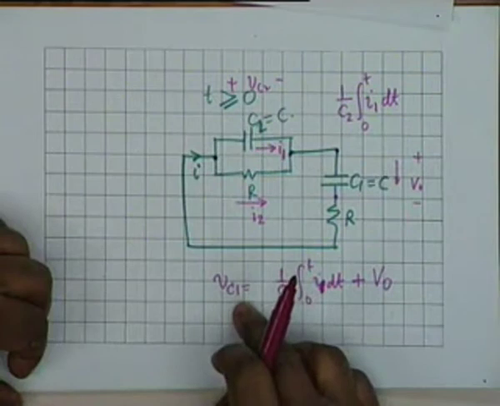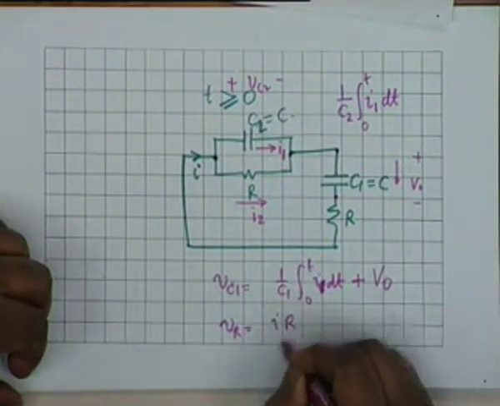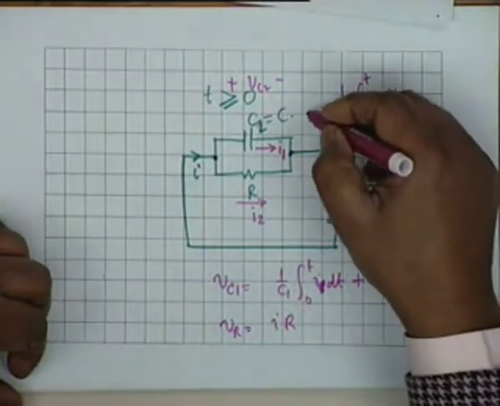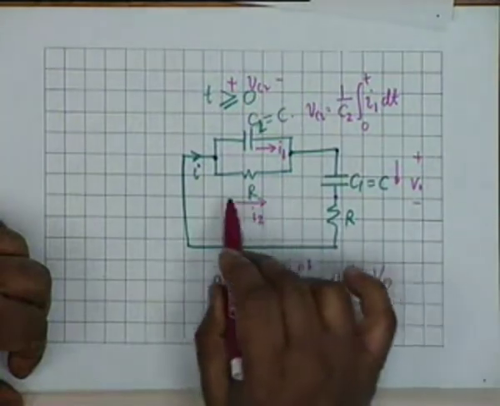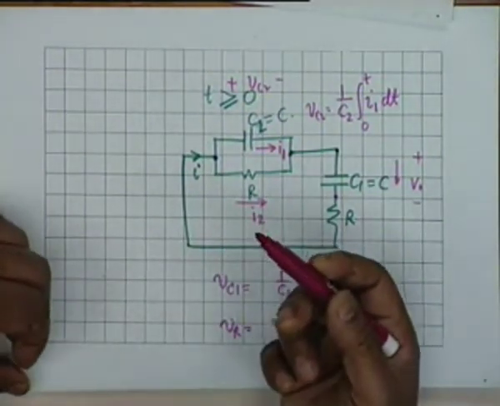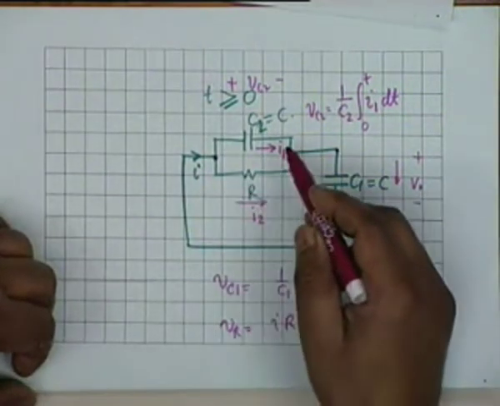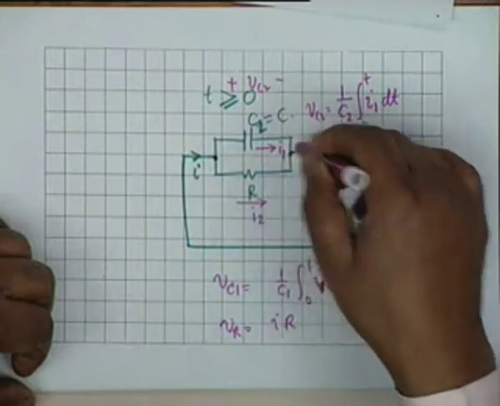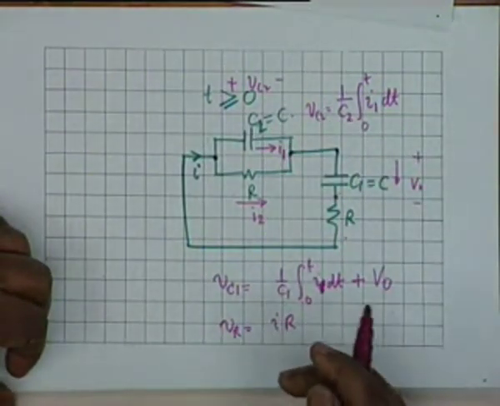So this is VC1, and what is VR? VR is simply IR, and the sum of the three, VC2, I am not taking the drop across R. Why? Because it's the same as VC2. Is that clear? So VC2 plus VC1 plus VR should be equal to 0.